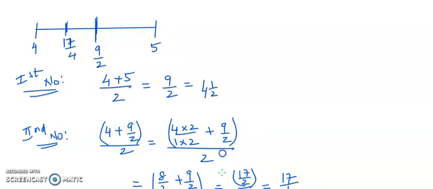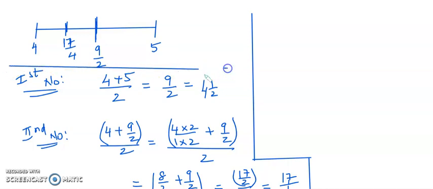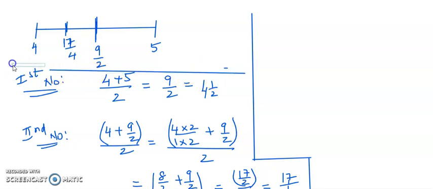To find the next rational number, what will I do? I'm just going to make a box here. I'm going to take the next two numbers, that is 9 by 2 and 5, to find the third rational number.